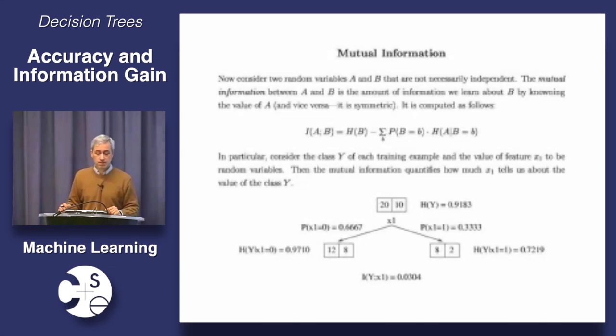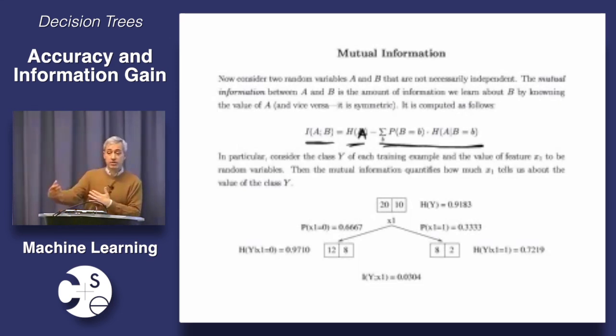More precisely, what is the mutual information between two variables A and B, denoted by the letter I? It's the entropy of A, and this actually works both ways, it's symmetric, so pick one of the variables, let's say A. It's the entropy of A minus the entropy of A after you know B. And again, this has to be averaged by how often different values of B occur.